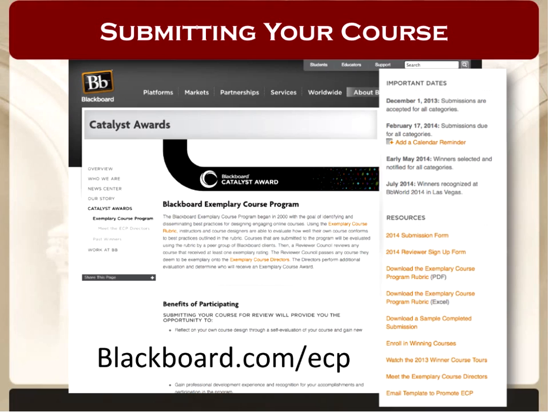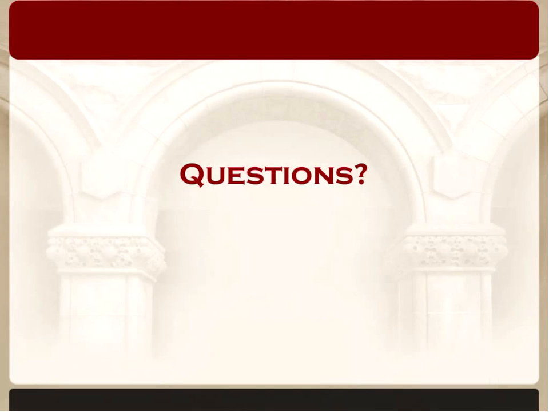You can download that rubric and set up your course, trying to follow those standards, and then choose to submit your course after you've taught it. There's a set of steps you can go through to submit it to be peer reviewed, and you get some great feedback on how you can continue to tweak and improve it in the future.